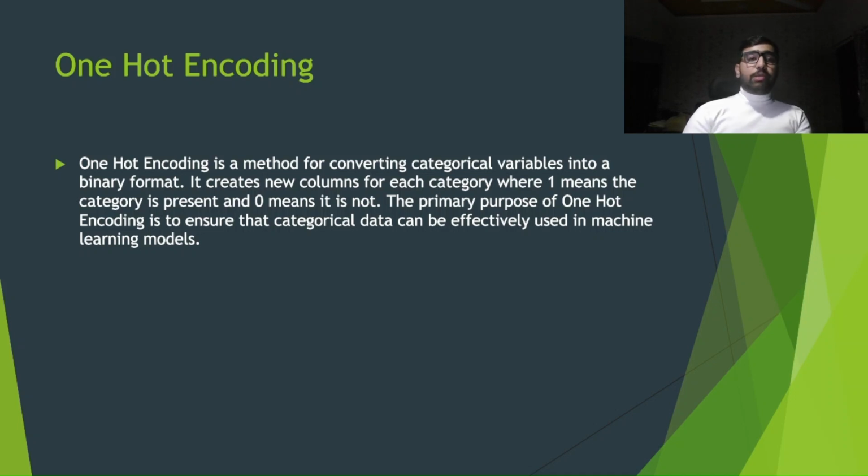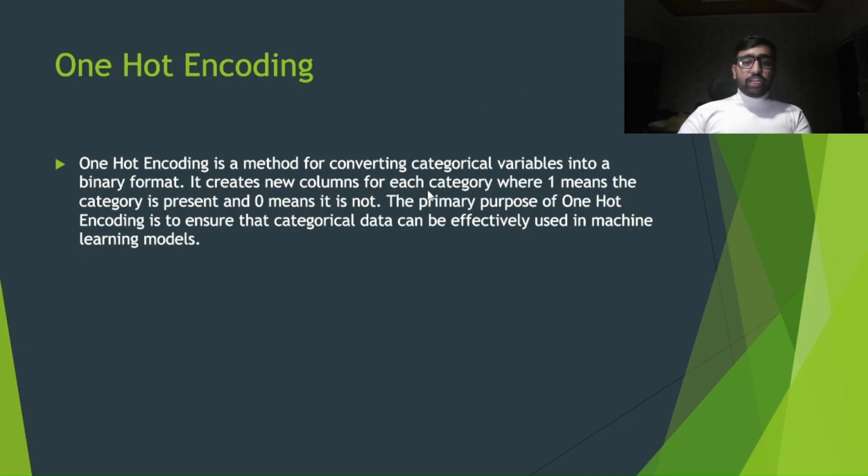Therefore, to implement a machine learning algorithm on our data, which also contains categorical variables, we will have to convert those categorical variables into a binary format, which is done by one-hot encoding here, or any other numerical format, so that we can apply certain machine learning algorithms to it and process the data.